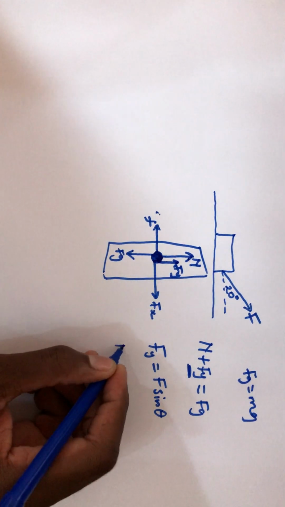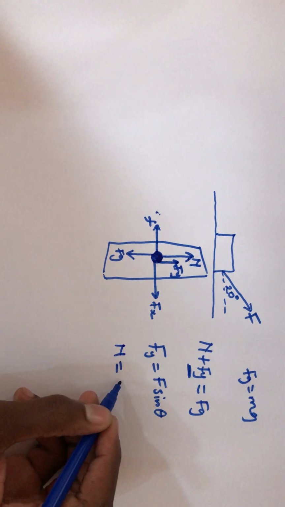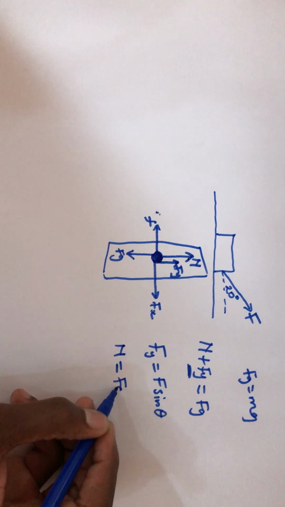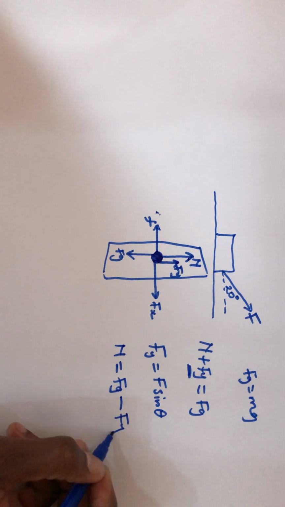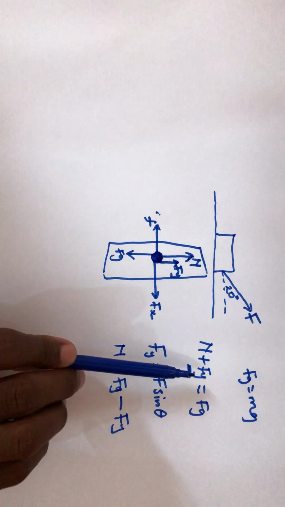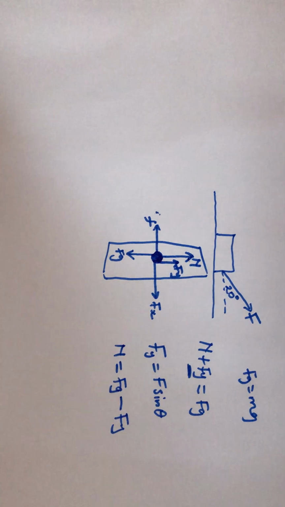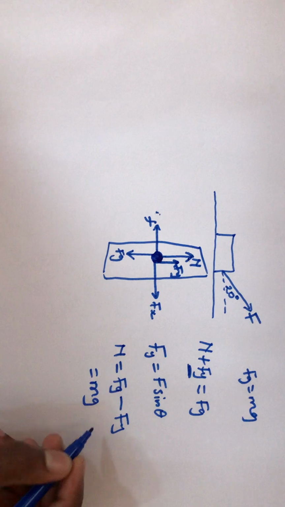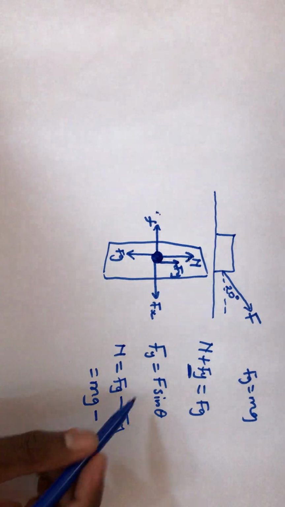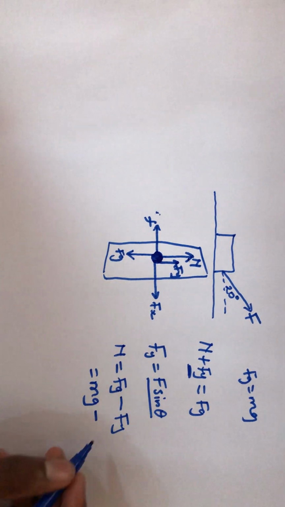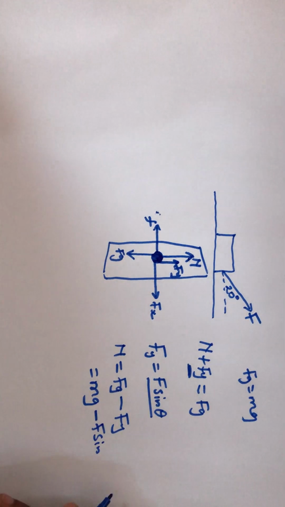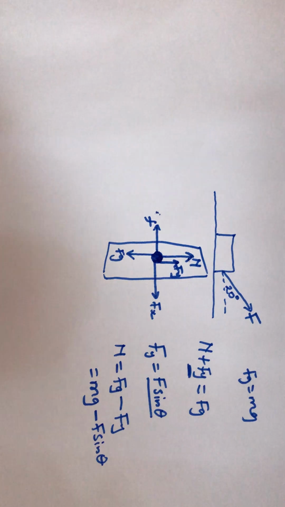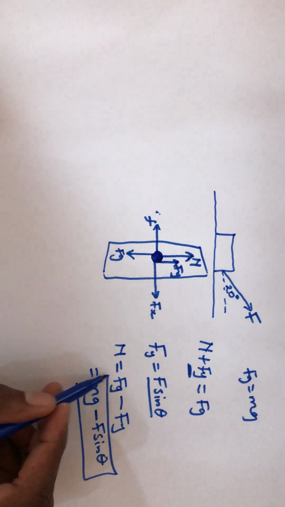So now we have N equal to Fg minus Fy. So we took this Fy to the other side. Now, what is Fg? Fg is mg, minus Fy, and Fy is F sine theta. So here we have mg minus F sine theta. So now, this is our normal force.